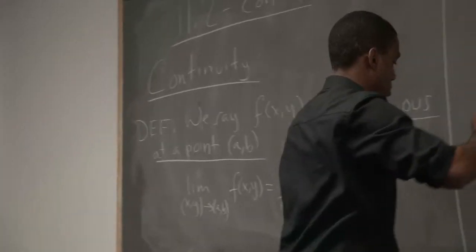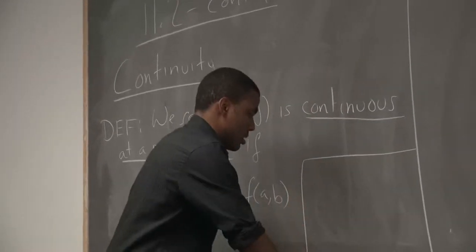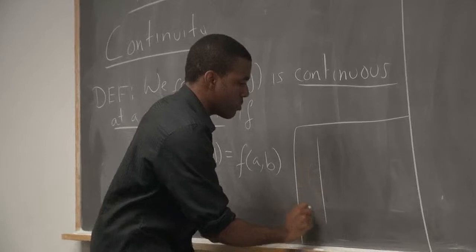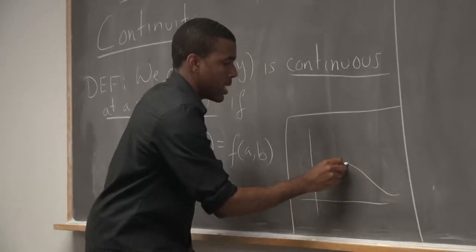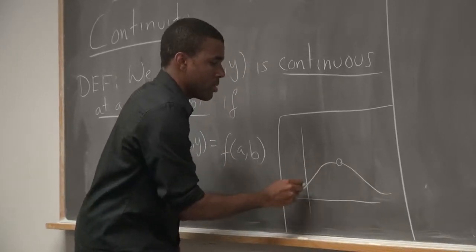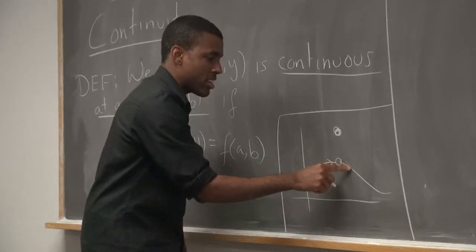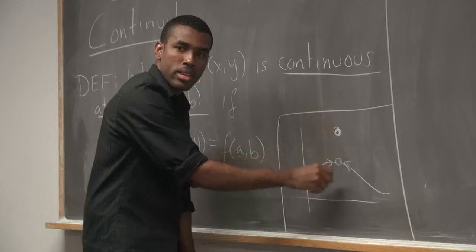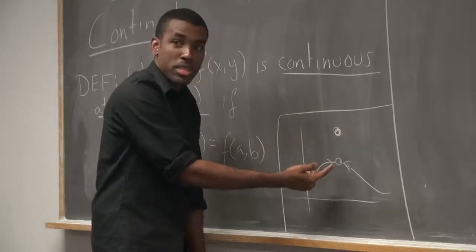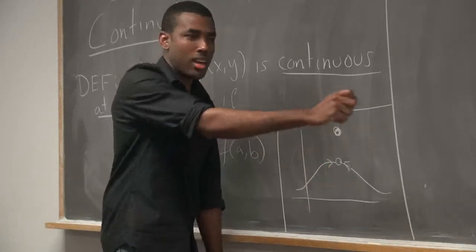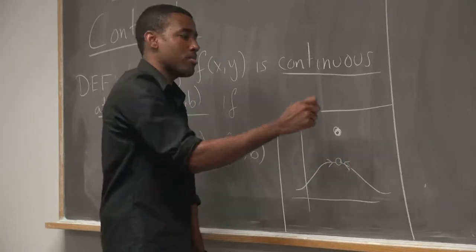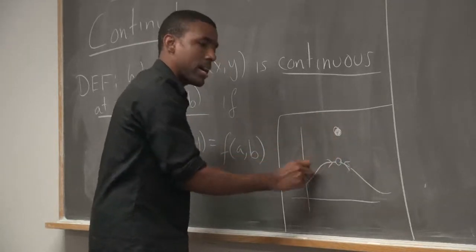A good way to see this back in 2D: you might have a gap. It's possible that you have the limit existing, but the y value that you're getting close to is not the actual y value there. So there's a gap, and it's not continuous. You have to lift your pencil off the page, fill in this gap, and then come back and continue.